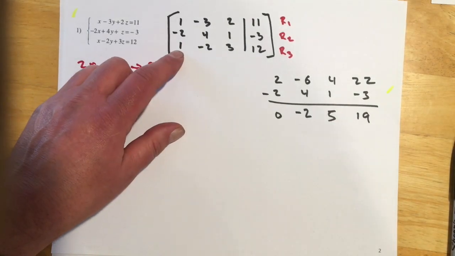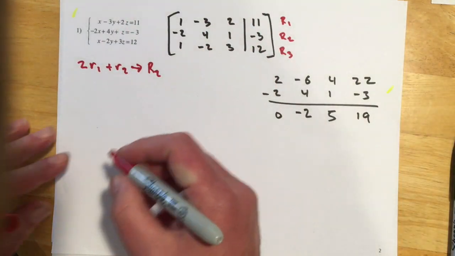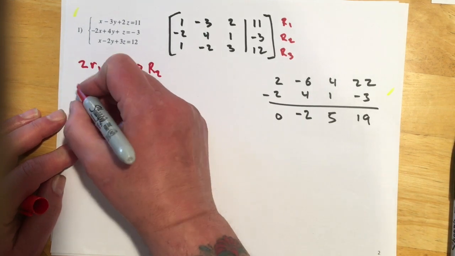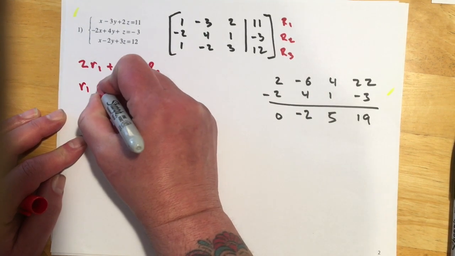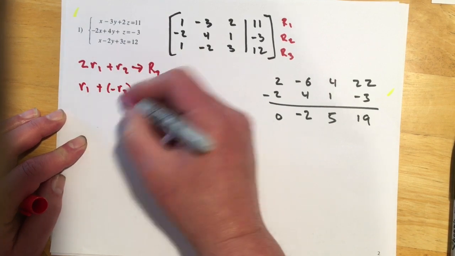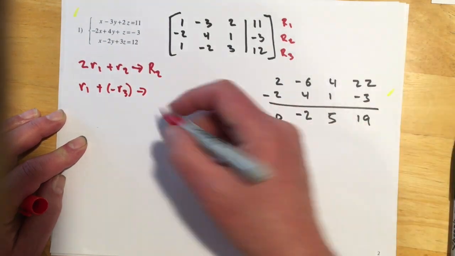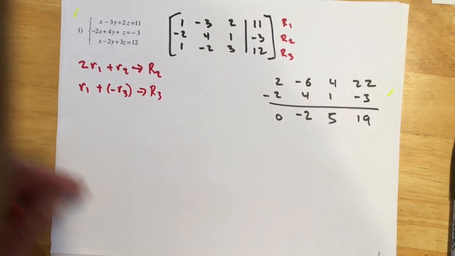I'm going to go ahead and get a new row 3 also before I rewrite all this. So I'm going to go row 1 plus the negative of row 3, and I could also say minus row 3, but I'm going to multiply a negative through just because it's easier to not mess up signs that way. And that's going to make the new row 3.